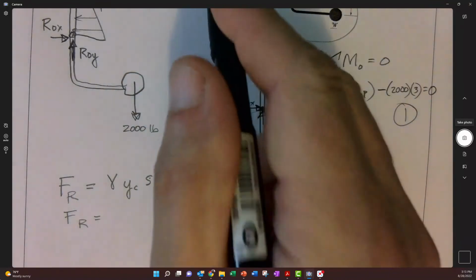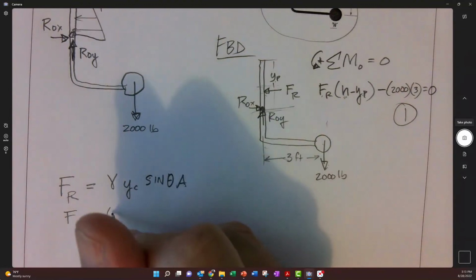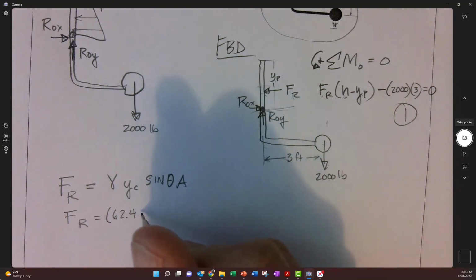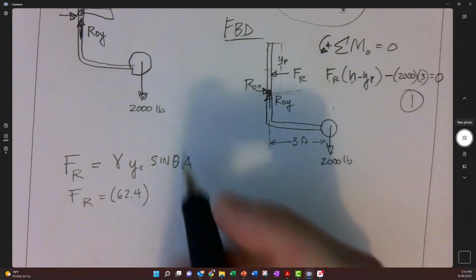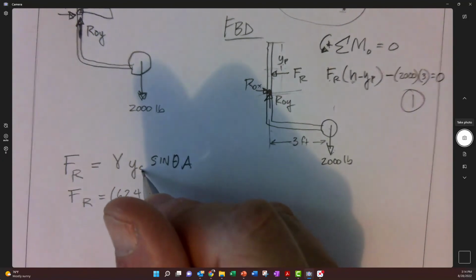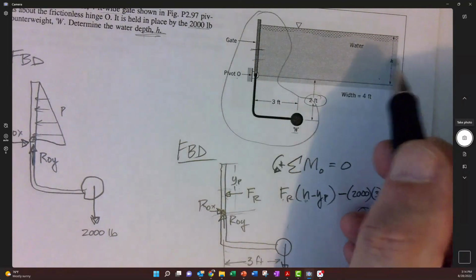Now this is water, and we're using US units. So we're going to go 62.4 for gamma, that's pounds per cubic foot, right? I'm going to leave the units out right here, but we know that we're going to treat everything in feet. YC for this is just going to be 1/2 of H, so H over 2, right?